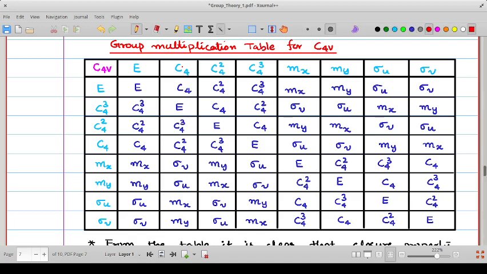So that means the header of the nth row should be the inverse of the header of the nth column, so that their product will be the identity element. And this way of writing the group multiplication table will be helpful when we later learn the regular representation of groups.